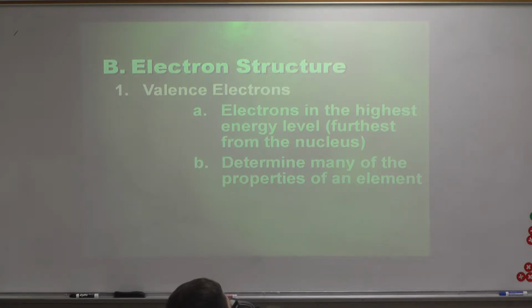Yep. Sydney, how many valence electrons does cobalt have? 2 or 3. 1 or 2, potentially 3. I'll accept that. Okay. Derek, how about the alkaline earth metals? Ah, he knew what group I was talking about.